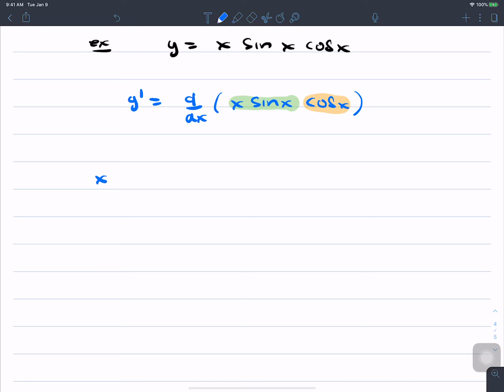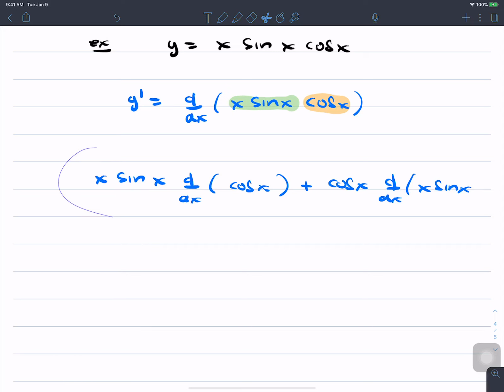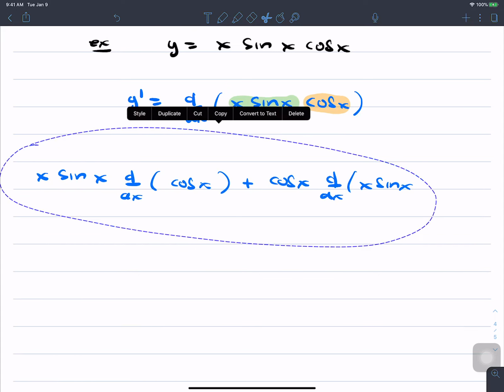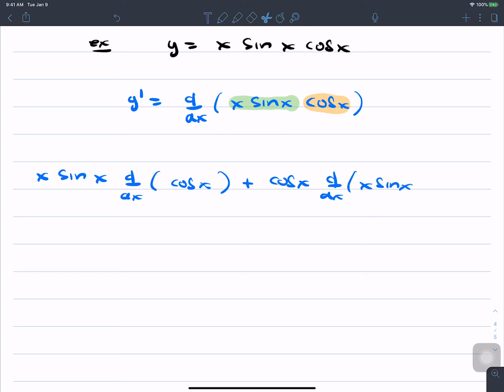You pull out the first function as if it were a constant, and you differentiate the next function. Then pull out that function and differentiate the first function. Constant in green, and then you have the orange here. So here's your product rule.